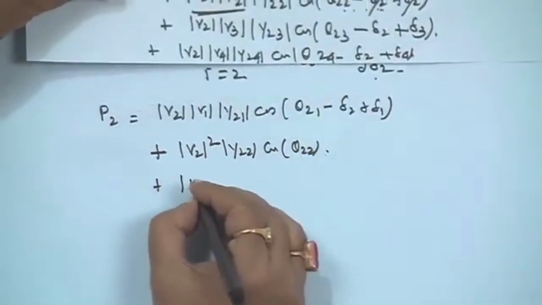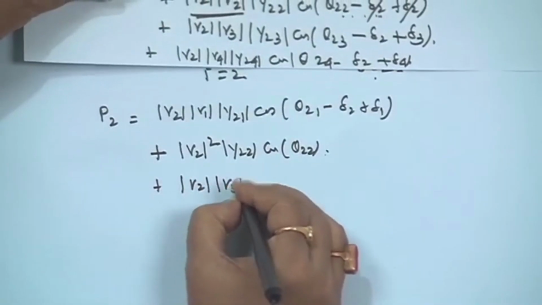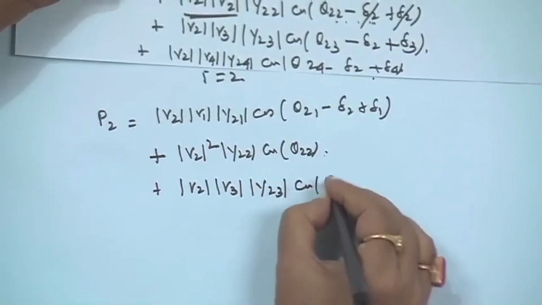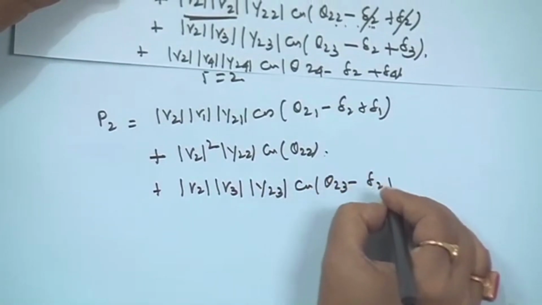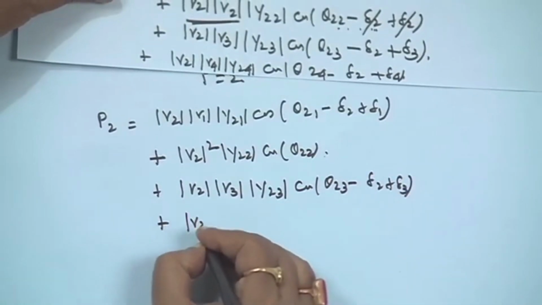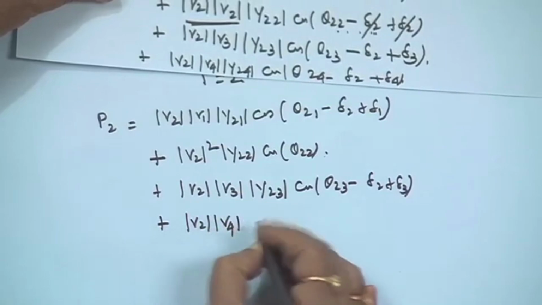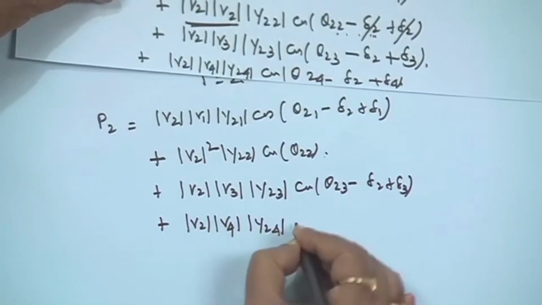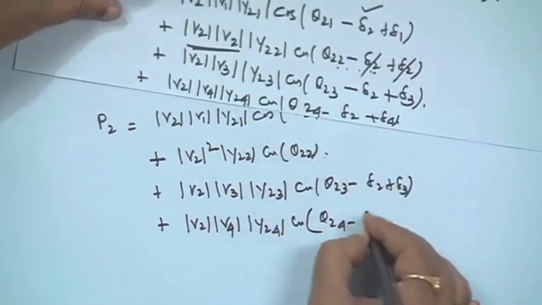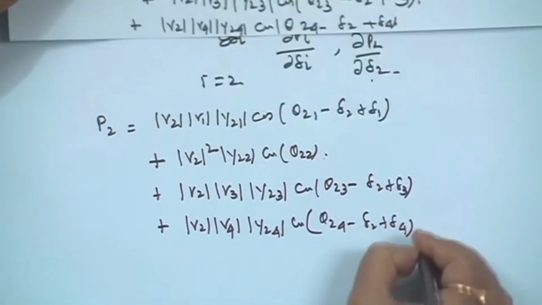Next term is V2, then V3, then y23, then cosine theta 23 minus delta 2 plus delta 3. Then the last term is V2, then V4, then y24, then cosine theta 24 minus delta 2 plus delta 4.